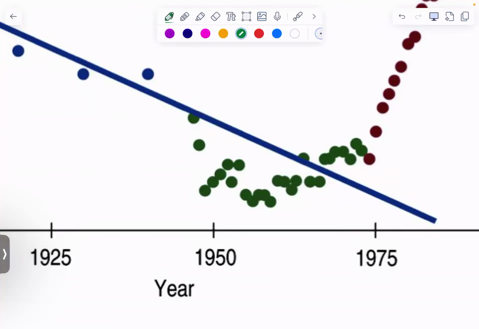By probably somewhere around here to probably somewhere around here, right? We should be using a different model.